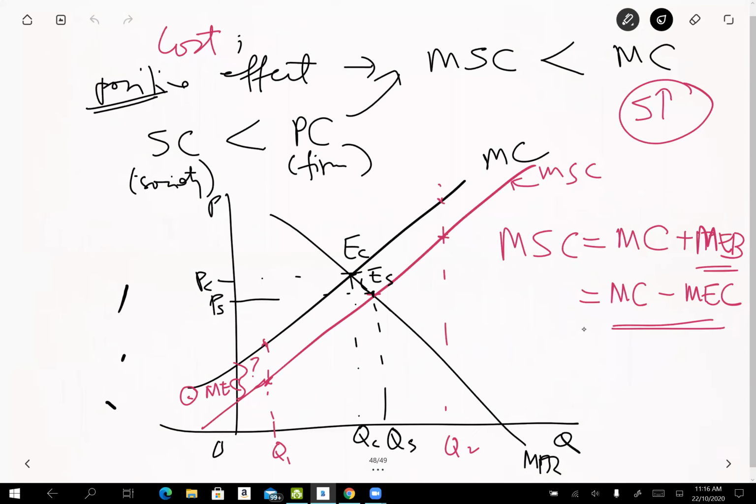So finally, where is the net gain? The net gain is the movement from EC to ES, so I think that would be the net gain.